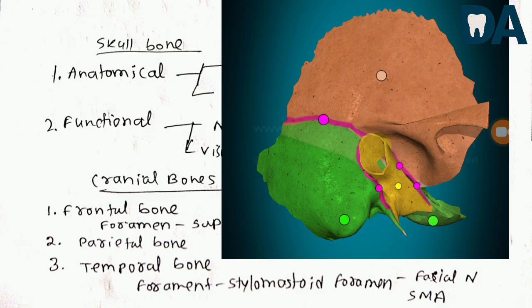The temporal bones are also paired bones which form the lower side of the cranium. The temporal bones articulate with the adjacent parietal bone by squamous sutures. Each temporal bone has 4 parts: squamous, tympanic, mastoid, and petrous part.